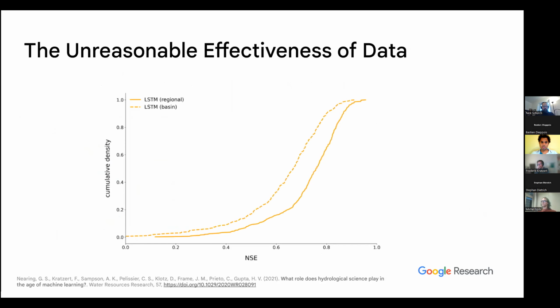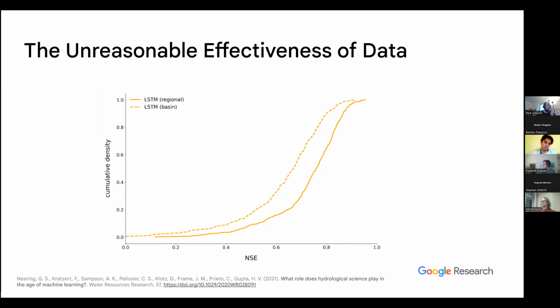And now, going one step back and taking the results from all of my research, the LSTM applied to hydrology actually reverses the trend, right? And this is basically the outcome of many years of research.